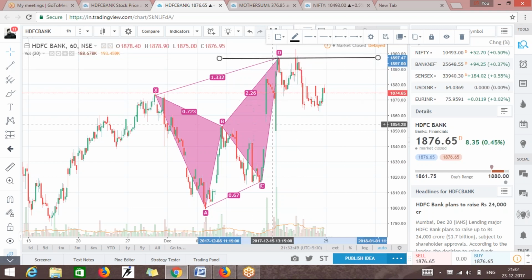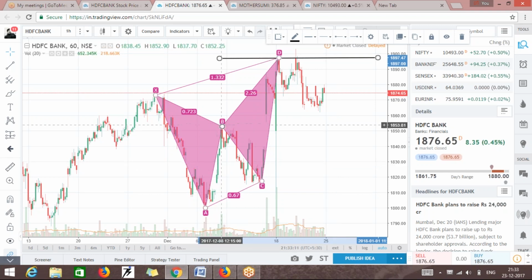So let's see what is the criteria for a butterfly pattern. XA, it's already been there. Now coming to AB, AB is a retracement of 61.8% to 78.6%.